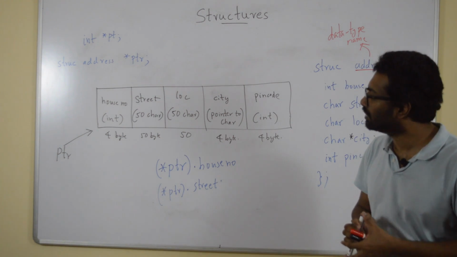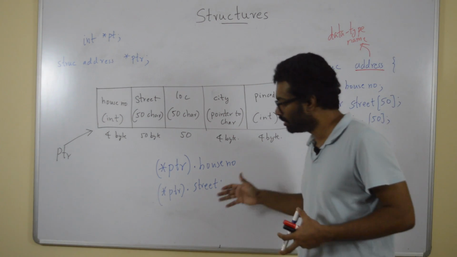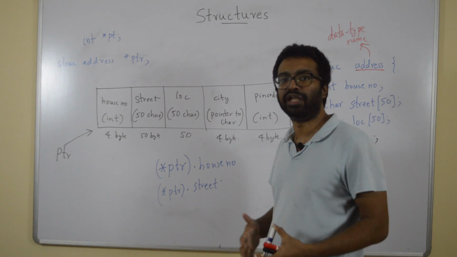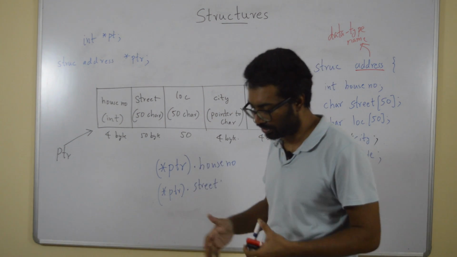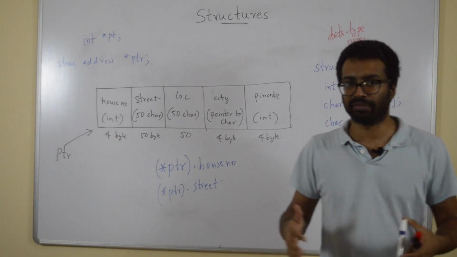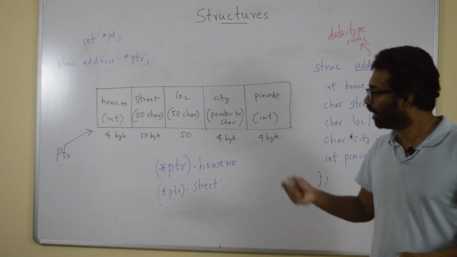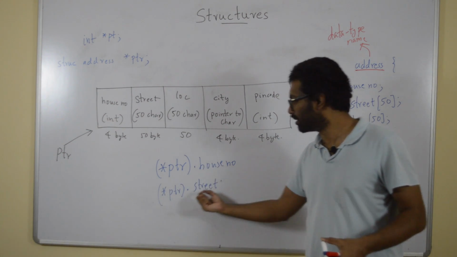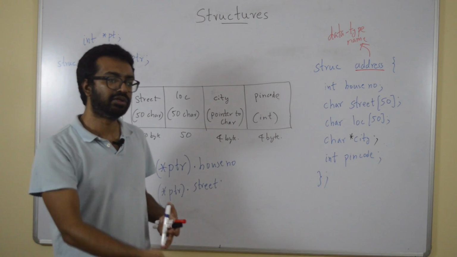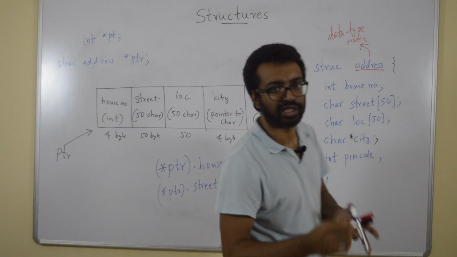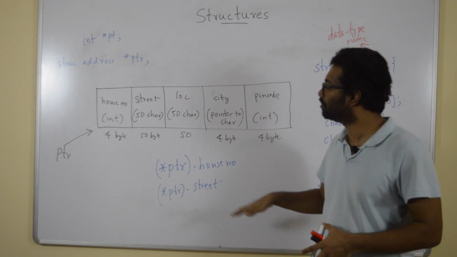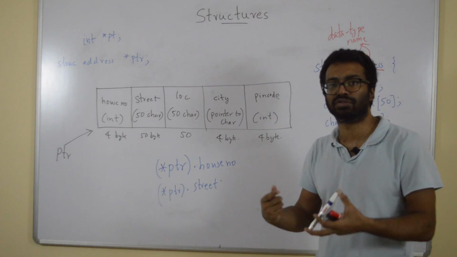Okay, this is just like if I had declared a variable with struct address, let's say my address. I could have used my address dot house number, my address dot street, etc., to access that variable, to write into that or to read from that. I could have used this dot notation, right? So the same thing I could have used with pointer. I could have written star ptr and then use this dot.